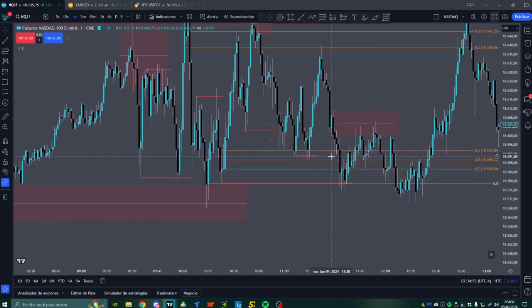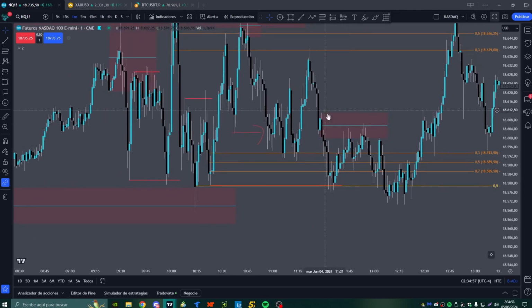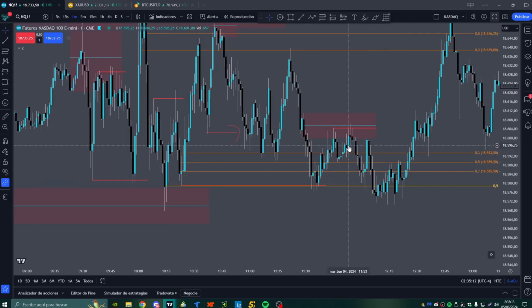If it had taken out this low and closed with a body and swept this, leaving that bullish candle, that last bullish move responsible for breaking that, and it starts ping-ponging there until it hits its 50, sweeps, and then the same thing again, flip.